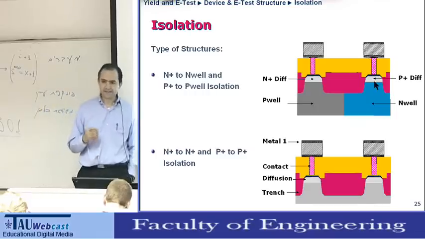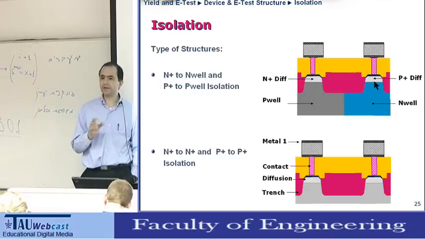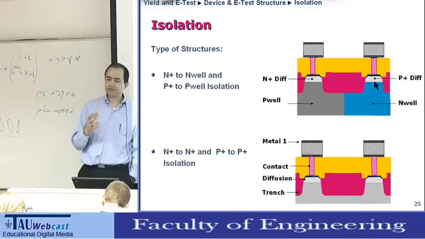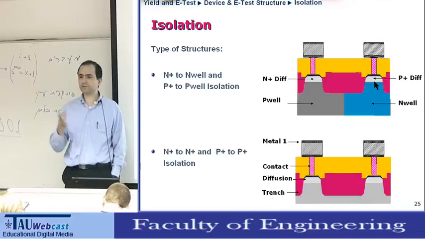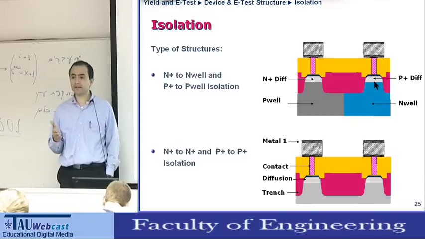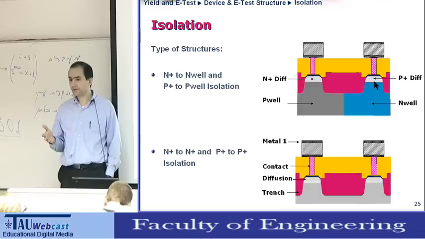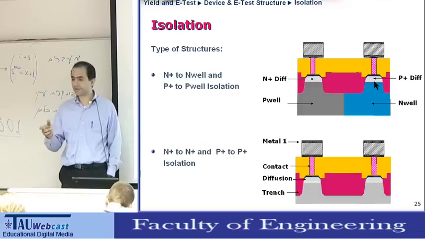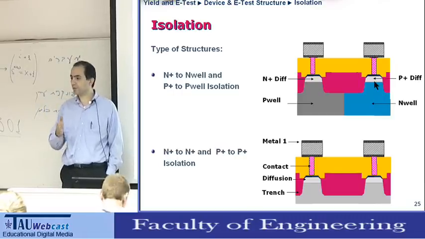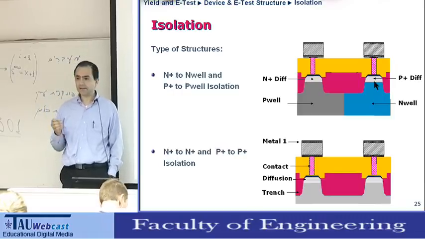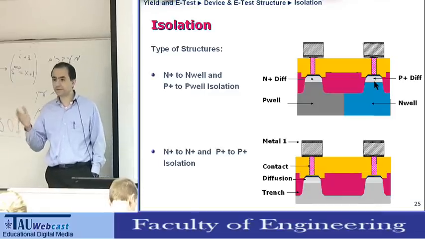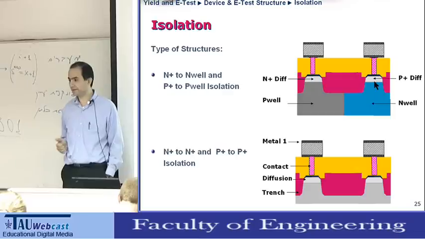So this allows us to make sure that the breakdown voltage is high. Typical numbers are, say, 10 volts or 14 volts. Now, we do know that the transistors don't operate at such high voltages. So it means that even if the transistor operates, say, at 2 volts or 1.8 volts, then if the isolation structure breaks at 14 volts, there's no chance it will break at 1.8.